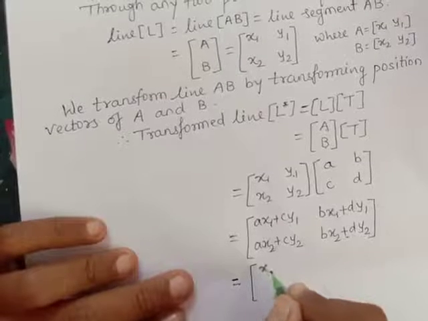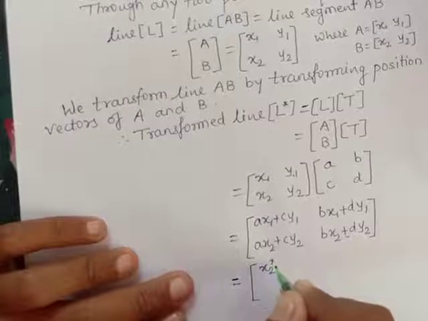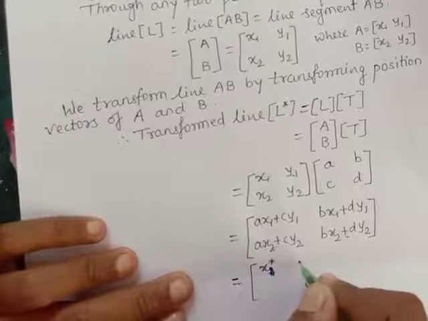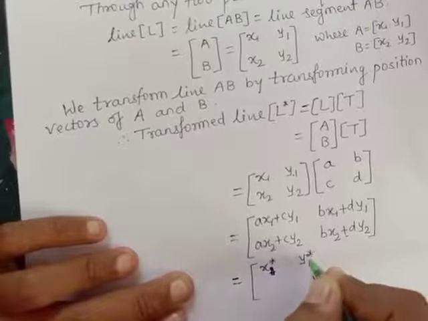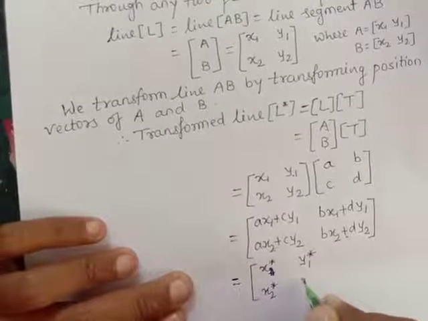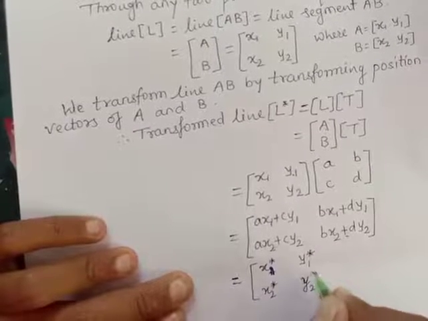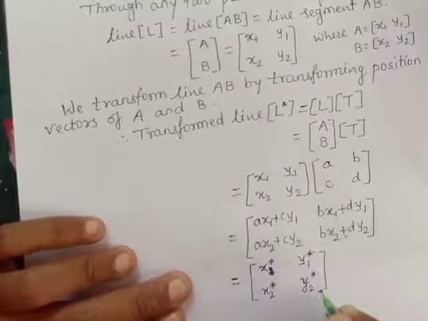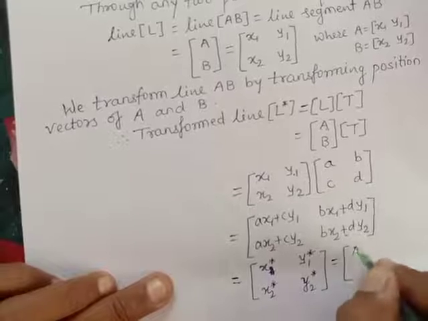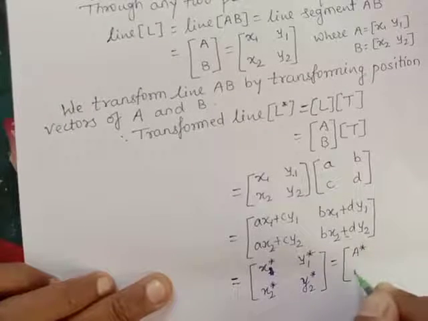So let it be x1 star, y1 star, and this is x2 star and this is y2 star. As such, these are the points A star and B star.